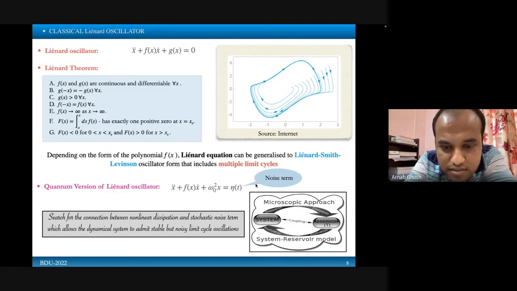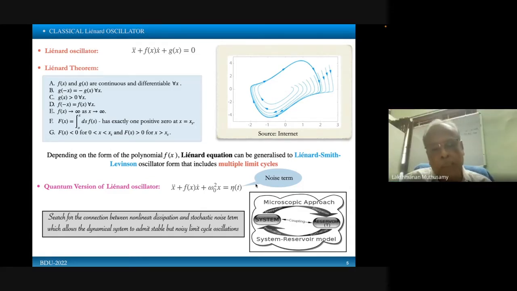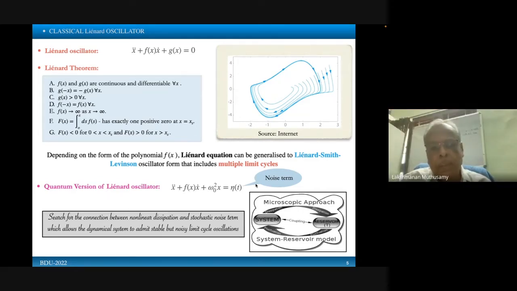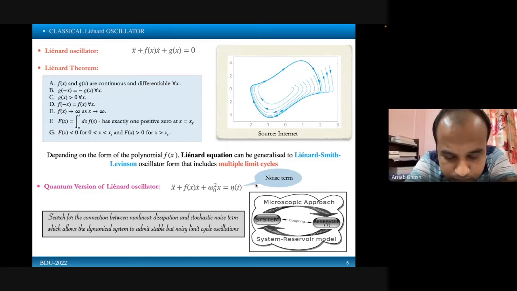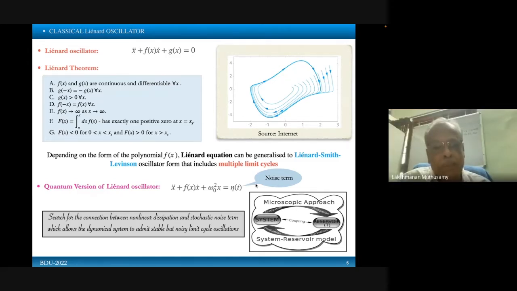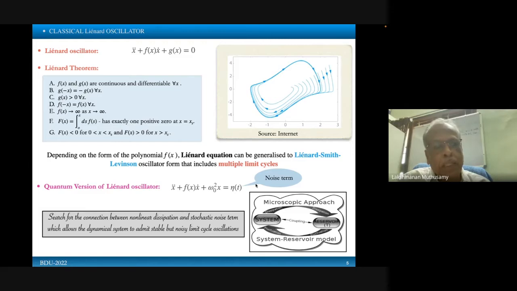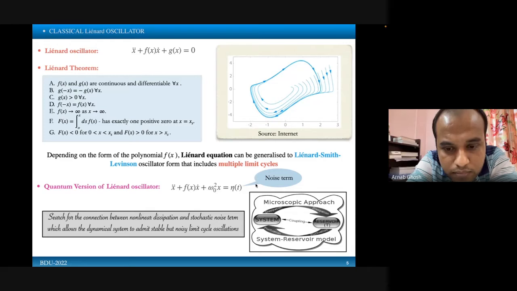There exist Liénard oscillators which may not exhibit limit cycles. A few years ago, in our department, we studied what is known as the modified Mathews-Lakshmanan equation, where f of x is linear, proportional to x double dot plus some k x dot, plus g of x of the form omega naught square x plus k square by 9 x cube. So just a harmonic oscillator form.